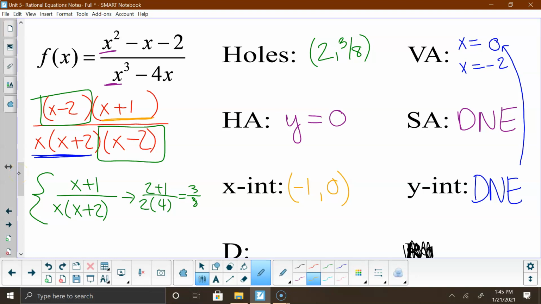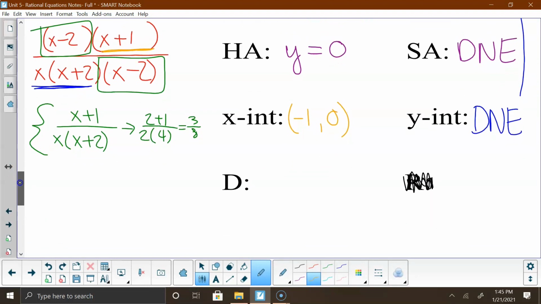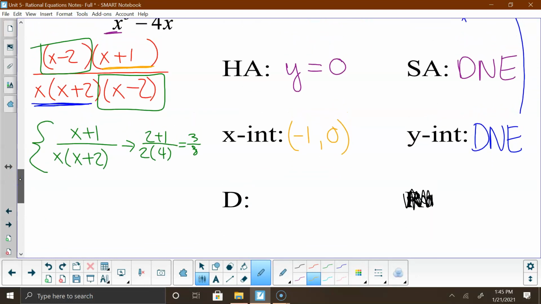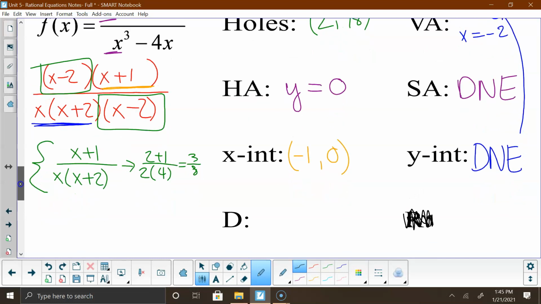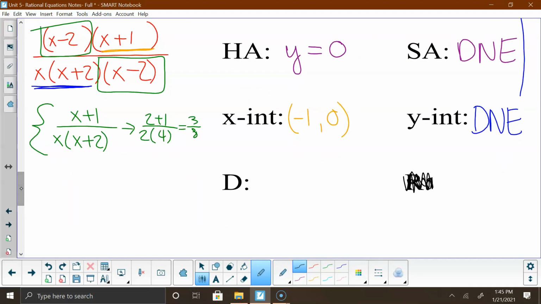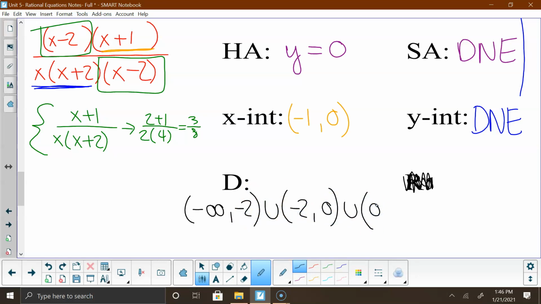Domain. Last kind of thing that we need to touch on. You have to take out any holes and any vertical asymptotes. So remember, we had 3. So this is going to be this big old string for my domain. Negative infinity to negative 2, and negative 2 to 0, and 0 and 2 to infinity.